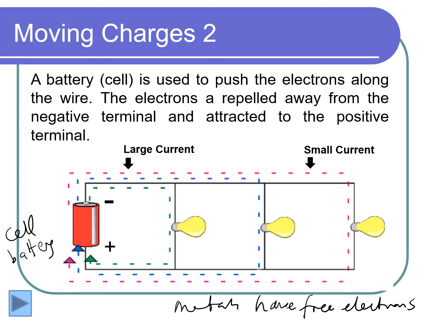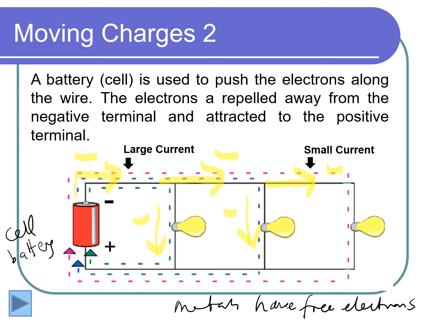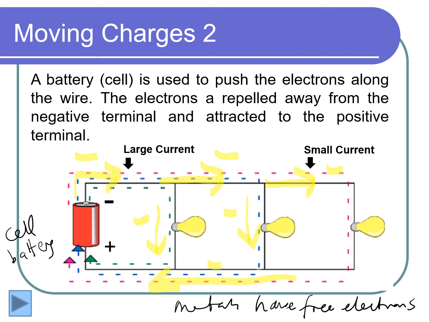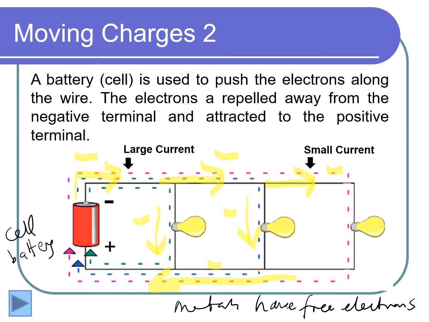Electrons get pushed that way, some of them go down here, and then at the bottom they go back towards the battery again. The electrons are repelled away from the negative terminal and attracted to the positive terminal. So we can make electrons move around a circuit using a battery.